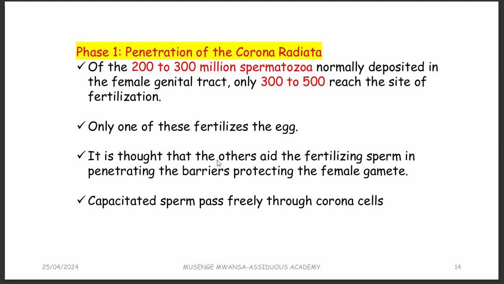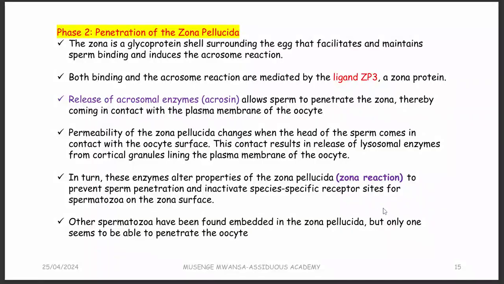It is thought that the others just help, more like you're pushing one, right? This is the one who's supposed to win, so we are all escorting this one. Capacitated sperm will be able to pass freely through the corona radiata, and then phase 2 will be the penetration of the zona pellucida.